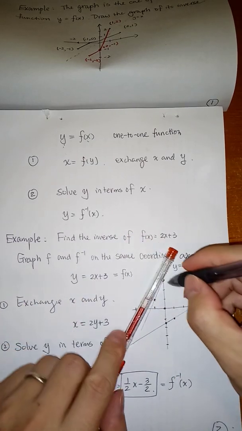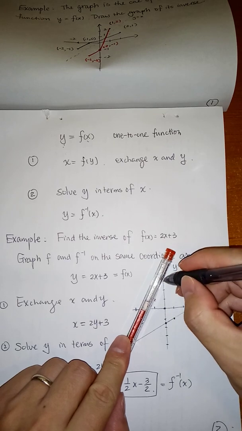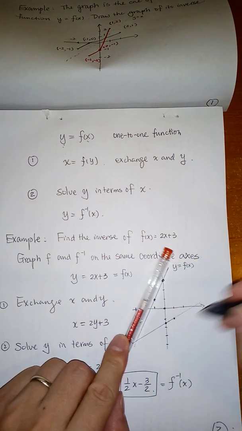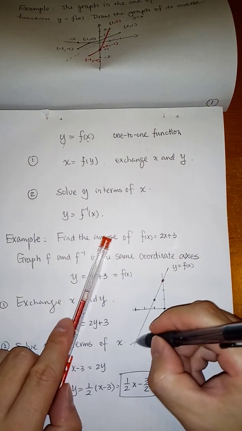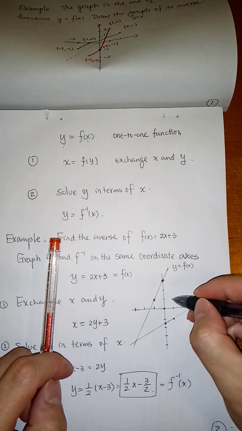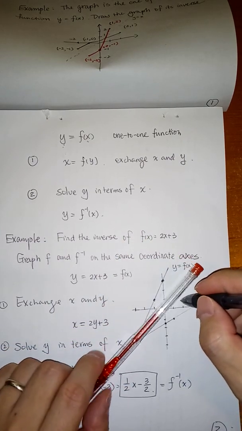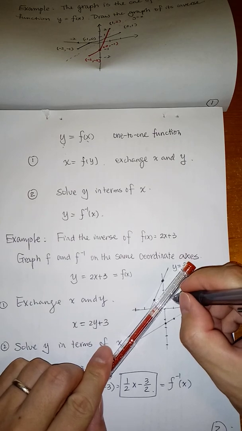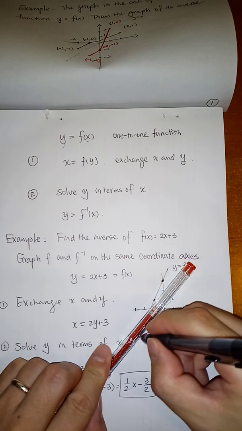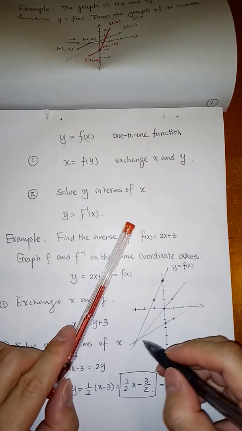Okay, so if we extend it a little bit, they will intersect. And now let's sketch the line y equal to x. Okay, so almost.